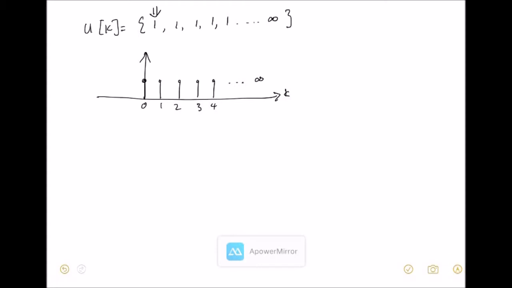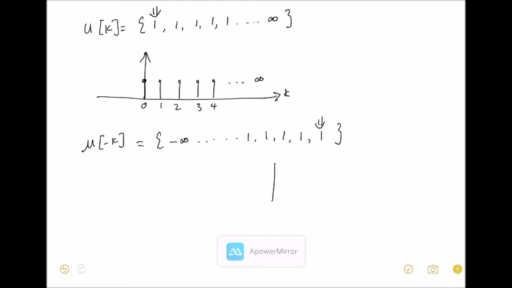What about u[minus k]? It means that it's a mirror version. It is from 1 to negative infinity, right? So it's u[n minus k], going to negative infinity.